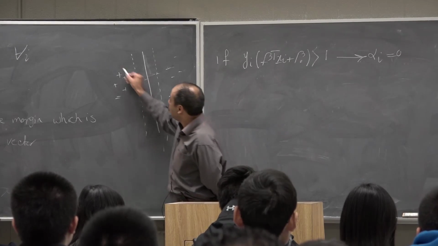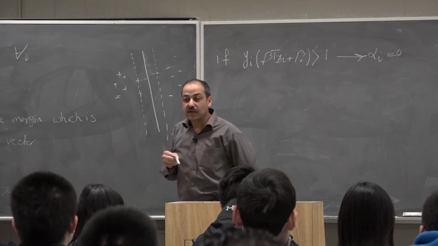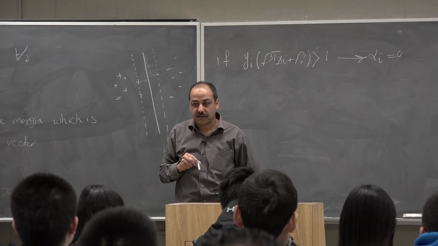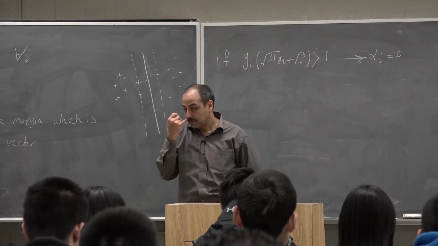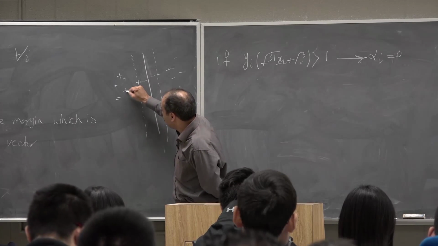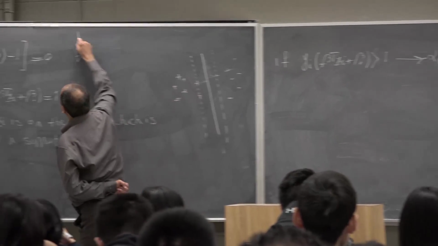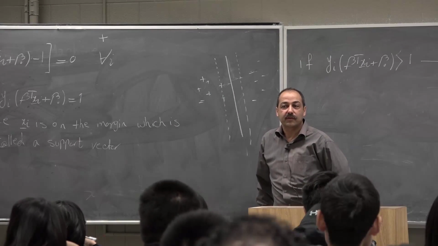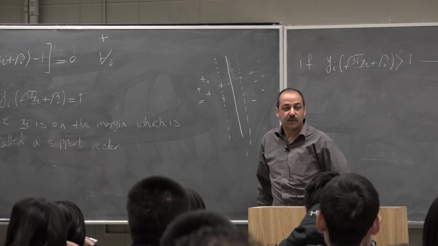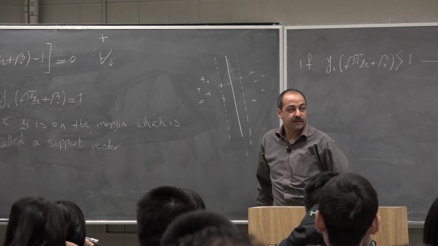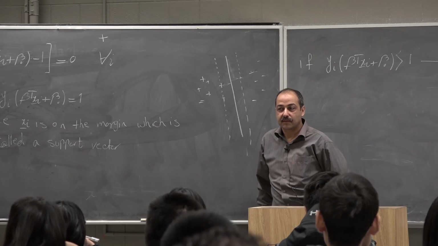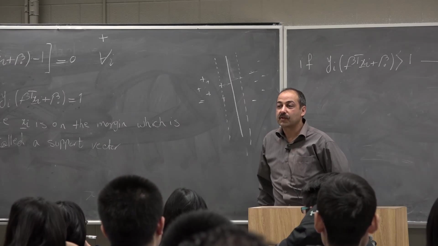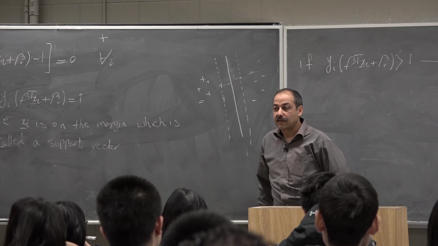It means that all of these points that are not on the margin have no effect in my optimization, right? So it doesn't matter whether I have the point here or here. It makes no difference. Is it good or bad? Sorry? It's good. Why is it good? Considering the margin, right? You're not concerned about the other points.